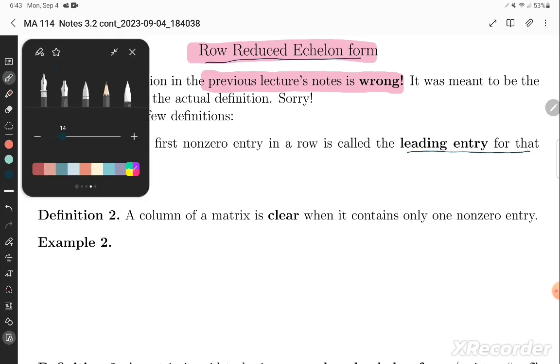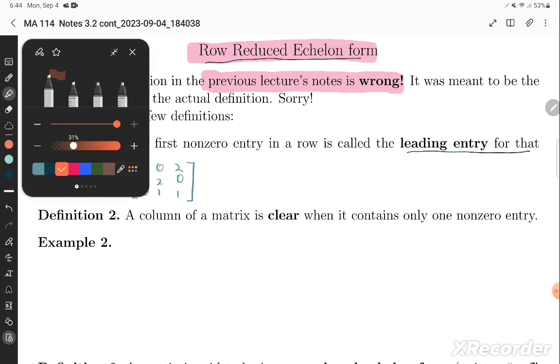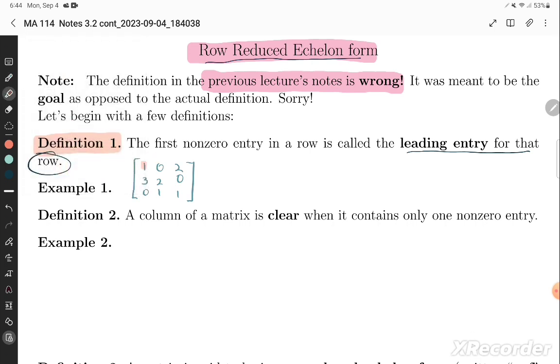For example here, I'm going to put down a quick example. We've got the matrix 1, 0, 2, 3, 2, 0, and then 0, 1, 1. Our leading entries for this matrix are going to be the 1 here, the 3 here, and then the 1 here.